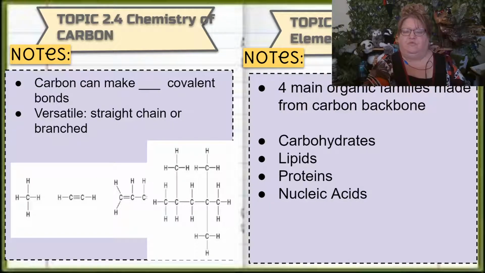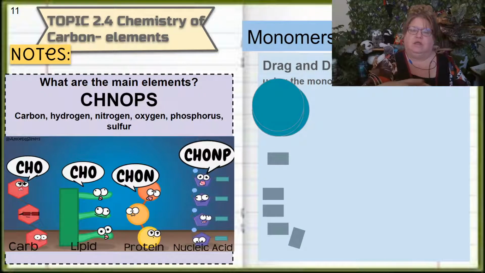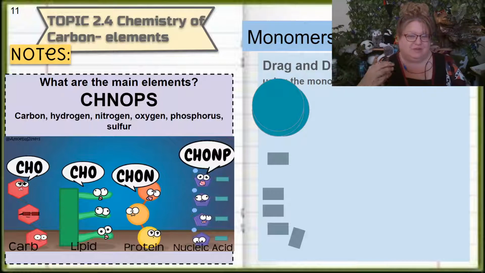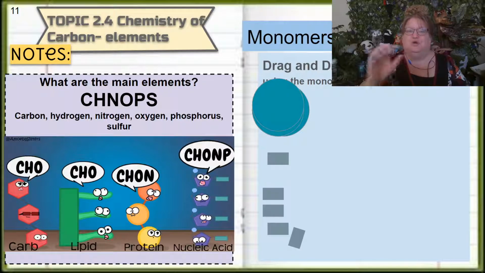So, before we move on to the specific families, let me make sure we're clear about, again, what makes these unique. So, all organic molecules have common elements. This is why we weren't really worrying about the bottom level of the periodic table, because organic chemistry really involves those top two rows.